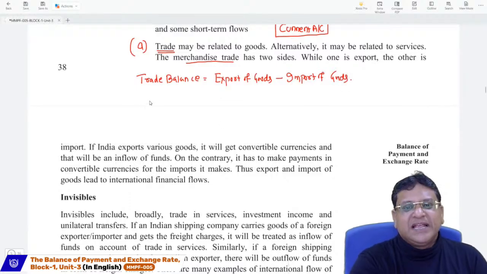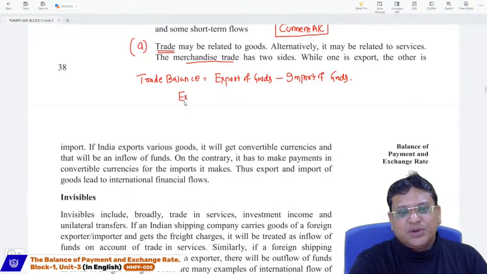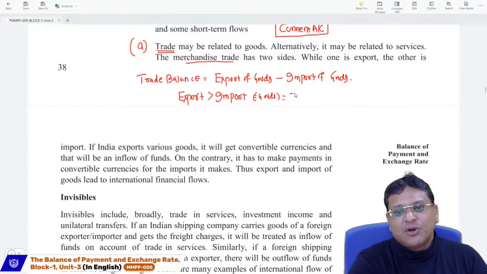If a country's exports are greater than imports, then there will be a trade surplus of goods.